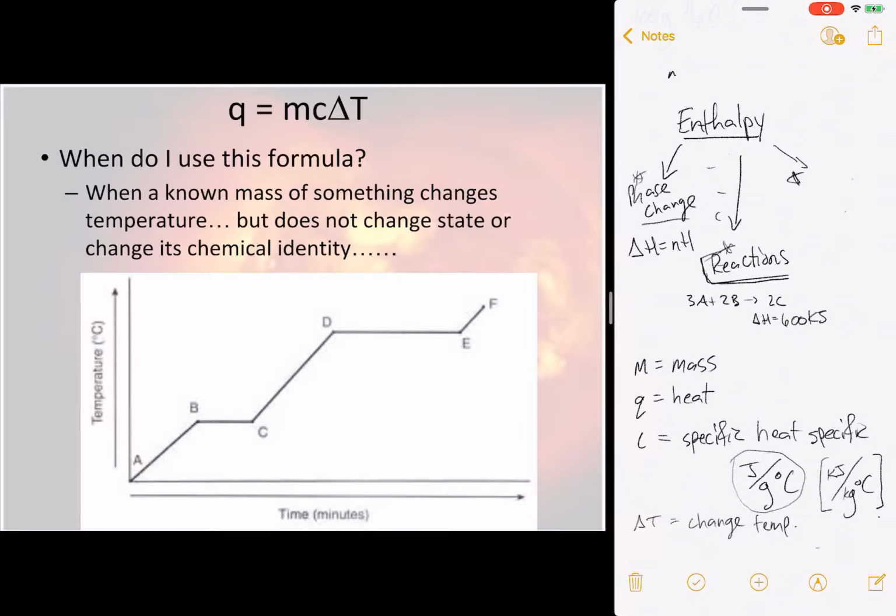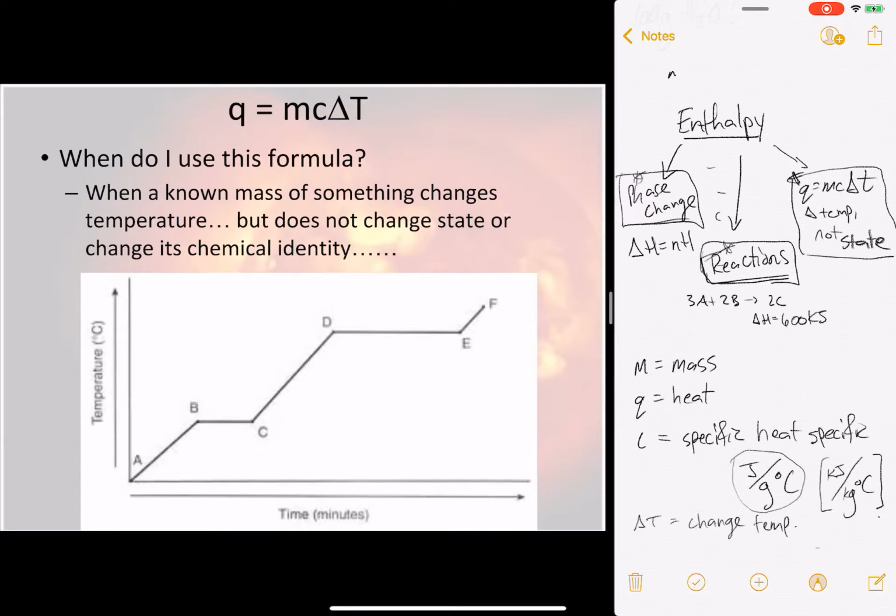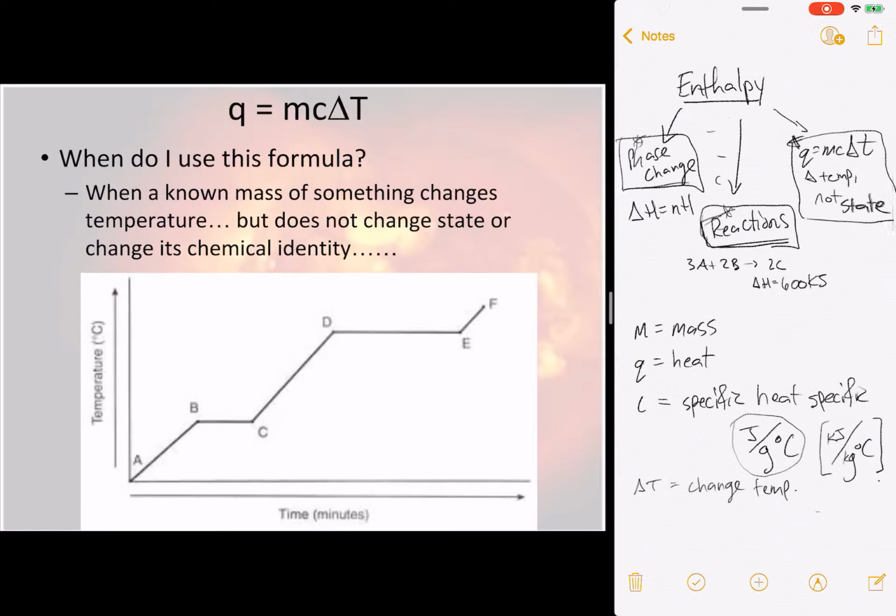So here we'll use Q equals mc delta T when we change temperature, but not state. So change temperature, not state. Right, and so that would be the final bit in our ways to quantify enthalpy, right? So we have phase changes, we have chemical reactions, and we have the change in temperature, the change in heat that's applied to an object.